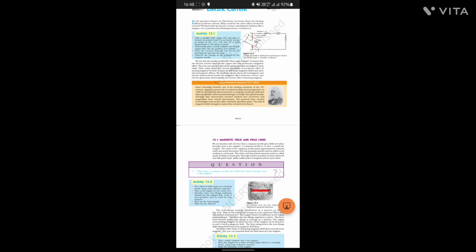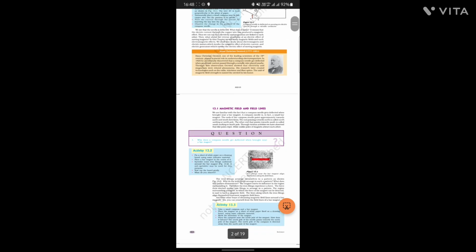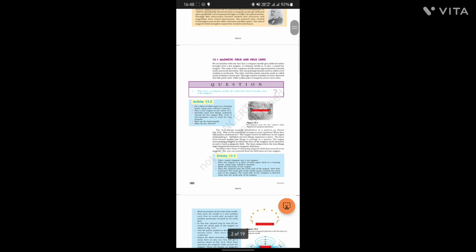Okay, so beginning with the topic, your important question becomes the magnetic field and your magnetic field lines. Okay, so look, magnetic field and magnetic field lines become an important topic as well as question.